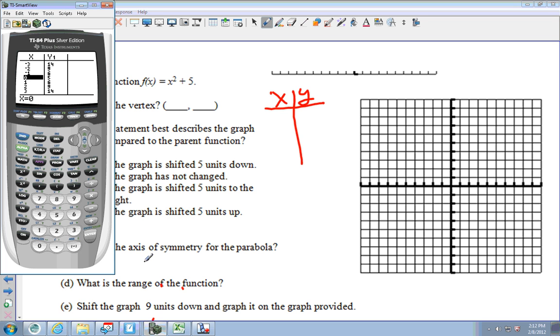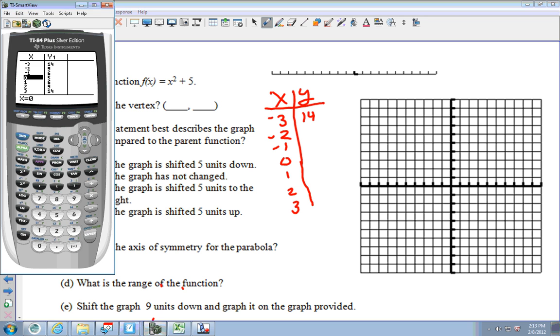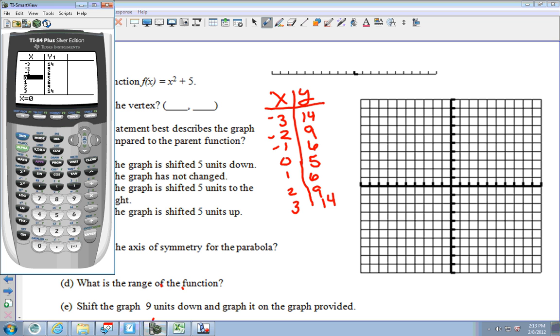I have -3, 14, -2, 9, -1, 6, 0, 5, 1, 6, 2, 9, and 3, 14. If you want to double check what I saw, there it is.